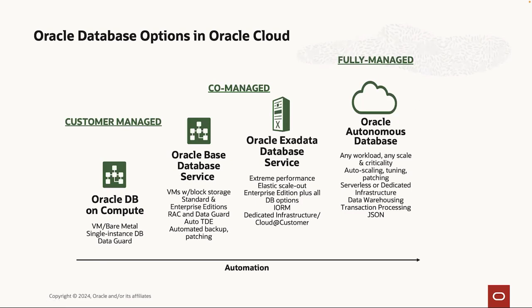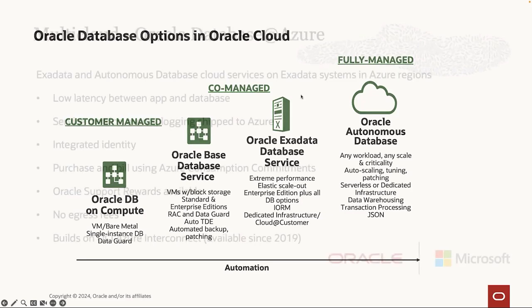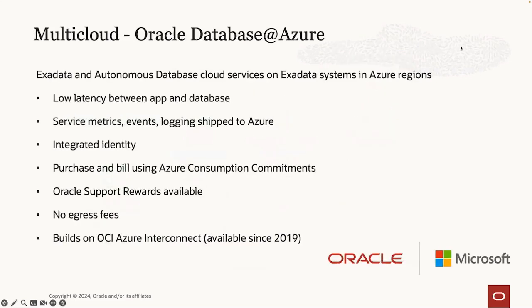Now we're going to go over a couple services that are somewhat new, but go along with your database workloads. The first one is one of our multi-cloud offerings, which is Oracle Database at Azure. This allows you to run your Oracle database workloads in Azure regions, right?